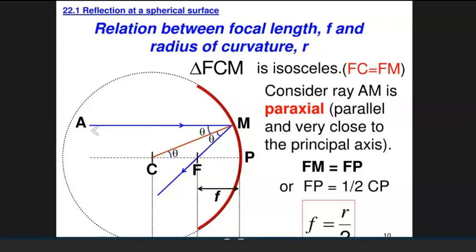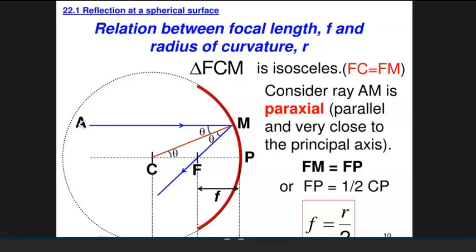Therefore, the angle made by the incident ray AM with the normal CM is theta, and similarly, the angle made by the reflected ray FM with the normal CM is also theta, because you know well that angle of incidence is equal to angle of reflection according to the law of reflection. So this is theta, this is theta.